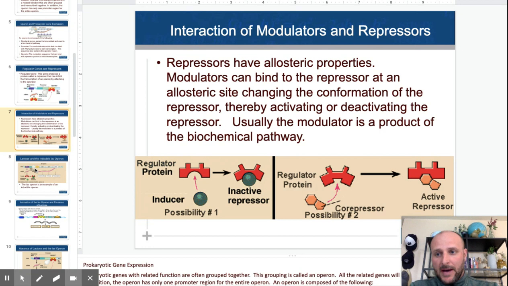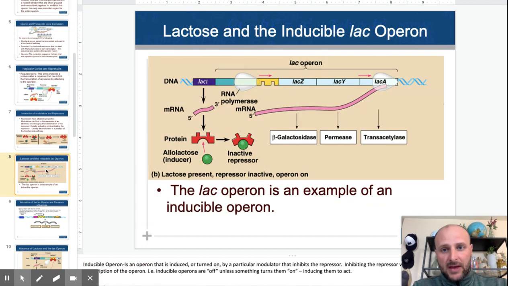We talked a little bit about the tryptophan one, but here is the lactose or the lac operon, which is an example of an inducible operon. That is one that can be turned on by a particular modulator that inhibits the repressor. So it can be induced to being turned on when lactose is present.